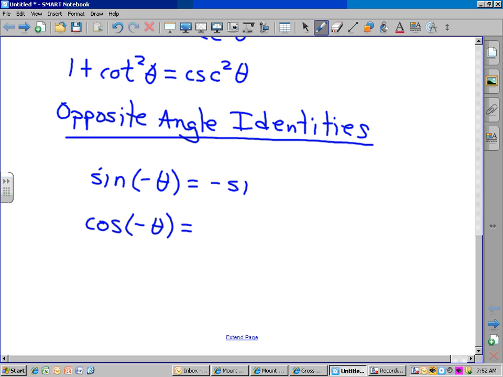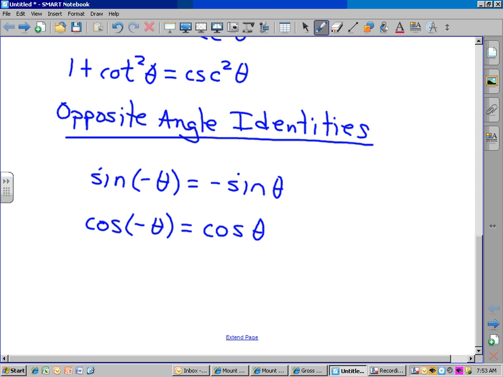For sine, it can be pulled out to the front of sine. So the sine of negative theta is equal to negative sine of theta. Cosine of negative theta becomes a positive. And that's because of the way the graphs work. Okay, sine starts at 0 and it goes off to the side. Cosine starts at 1. It kind of comes down in a mirror image off the axes, right? Okay, because it's symmetric, this negative goes away.